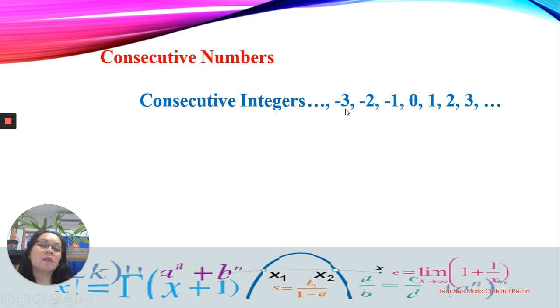You have -3, -2, -1, 0, 1, 2, 3. The 3 dots here mean that you are going to negative infinity. These other 3 dots here, you are going to infinity.